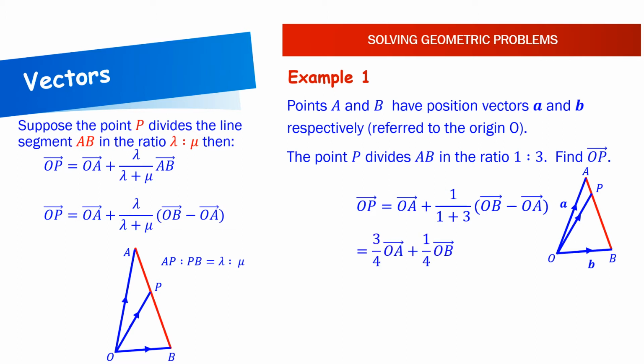And if we tidy up, putting the OA's together, we obtain 3/4 OA and 1/4 OB. And this, of course, is 3/4 a plus 1/4 b, where little a and little b are the position vectors.